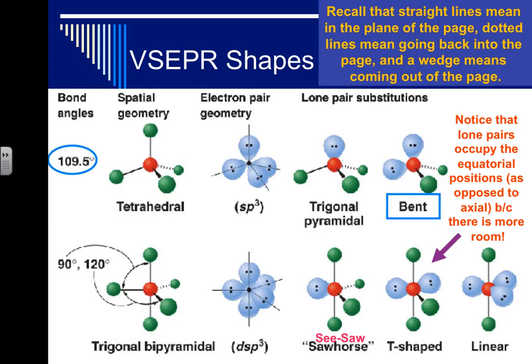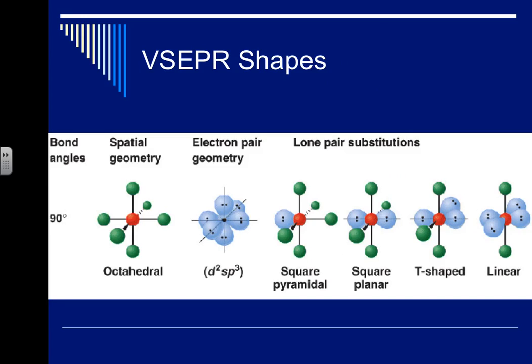Okay, finally, we move on to 6 attachments, and when you have 6 attached atoms, it's called octahedral. The octahedral idea, basically think it's like 2 four-sided pyramids, one on top of the other.